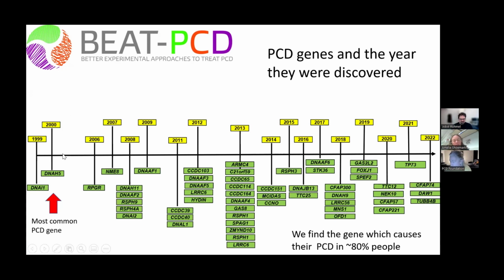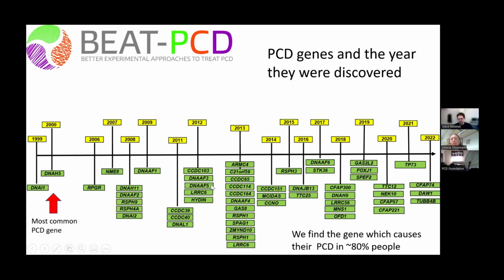And over time, more and more have been discovered. And round about here, 2012, 2013 is when next generation sequencing came in. And that meant instead of having to have a very targeted look at what might be wrong, we began to get the ability to look more at the whole gene and the whole exome. And therefore, lots of PCD gene discovery was done.